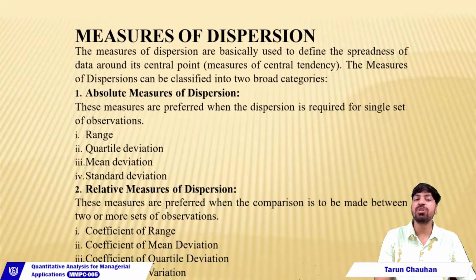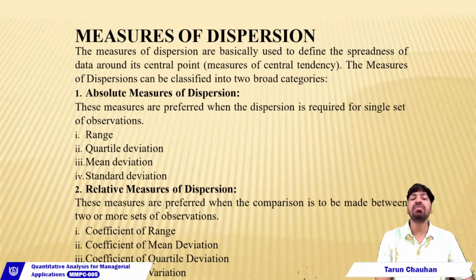Range, quartile deviation, mean deviation, and standard deviation are the absolute measures of dispersion, and the coefficient of range, coefficient of mean deviation, coefficient of quartile deviation, and coefficient of variation are the relative measures of dispersion.